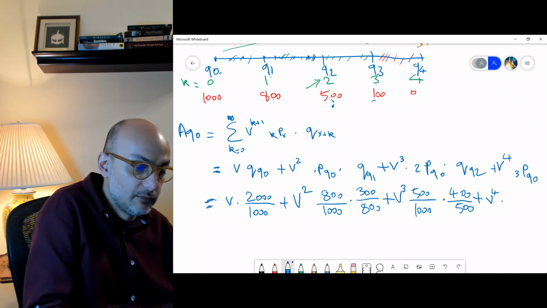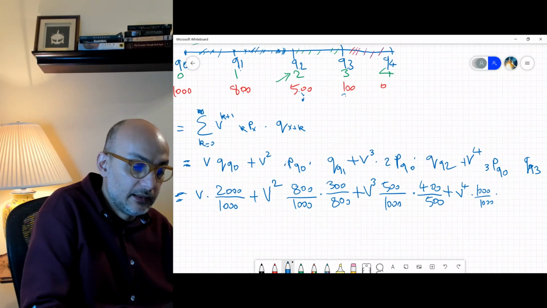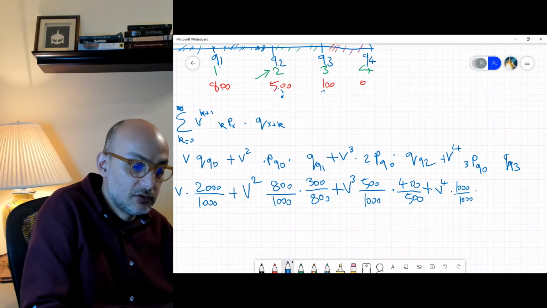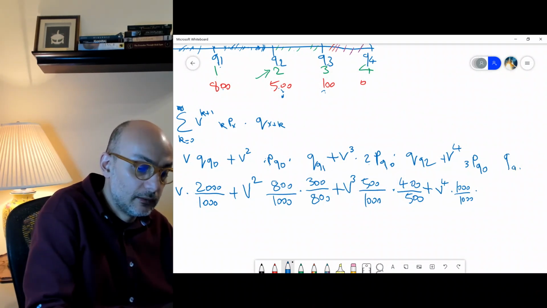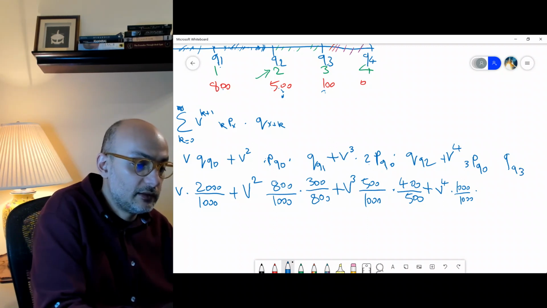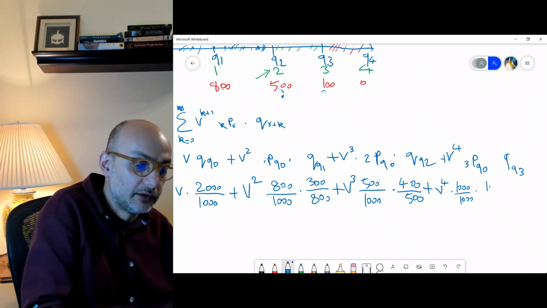So we have how many survived to 93 is 100 over the cohort of 1000, multiplied by Q, sorry, this should be Q93. Why is that? Q93 die in the next year. So how many deaths occur here? All of them. It's 100 over 100. The cohort of 100 pass away.